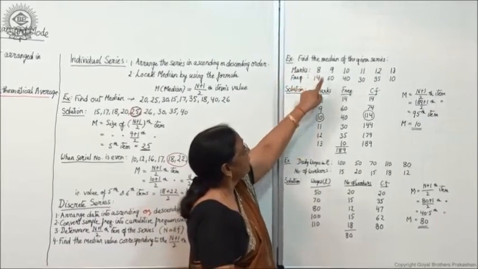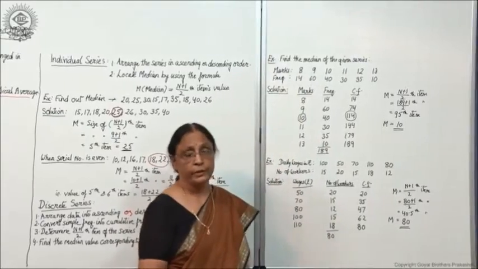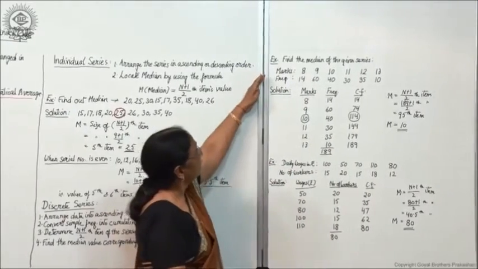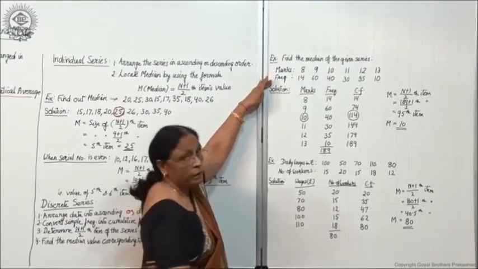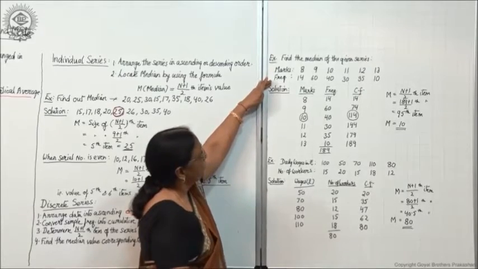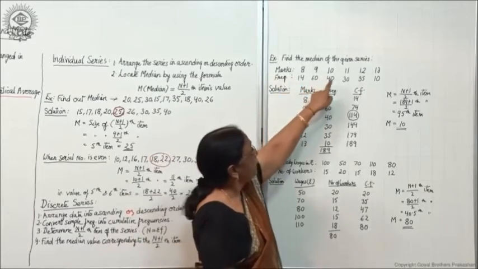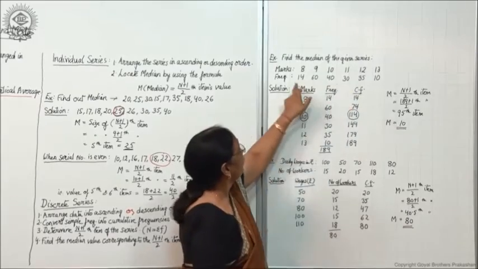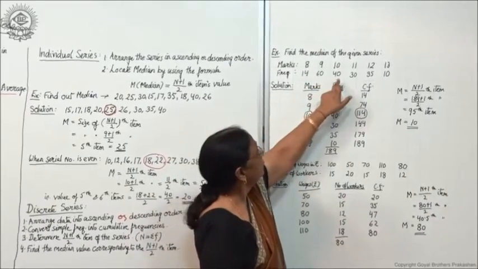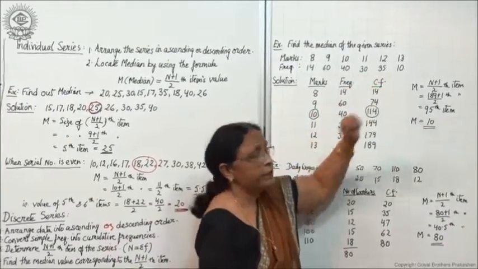First is to find the median of the given series. Series are given here, marks along with the frequency. Marks are 8, 9, 10, 11, 12, 13. Frequency 14, 60, 40, 30, 35 and 10.